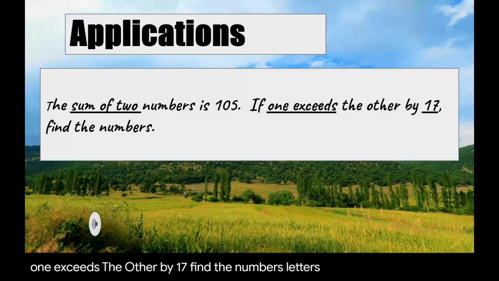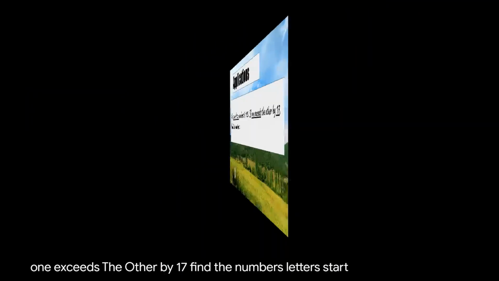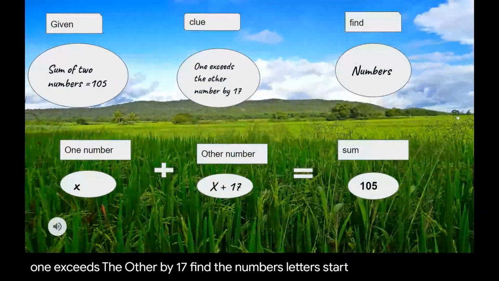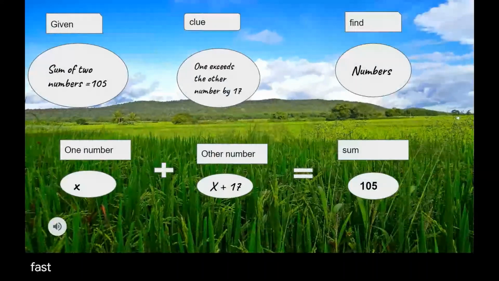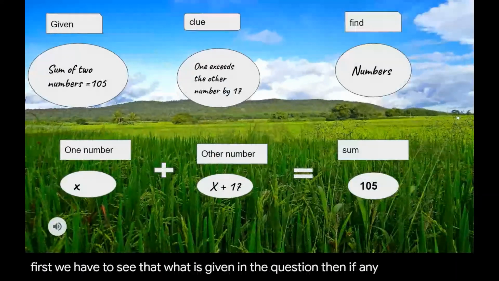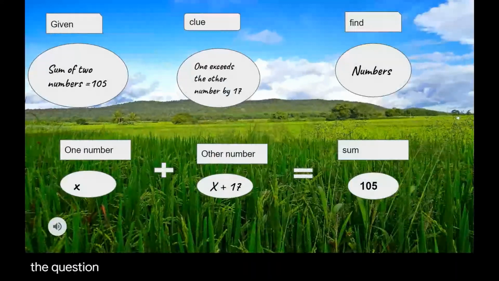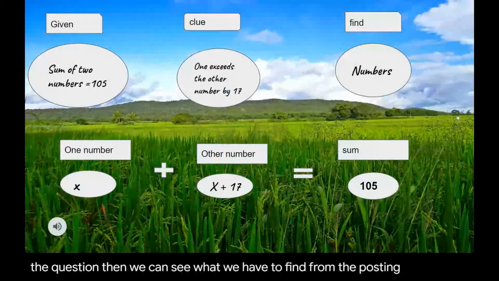Let us start. After getting a word problem, what we have to do first? We have to see what is given in the question. Then, if any clues are given, then we can see what we have to find from the question. Isn't it? So first see what is given.